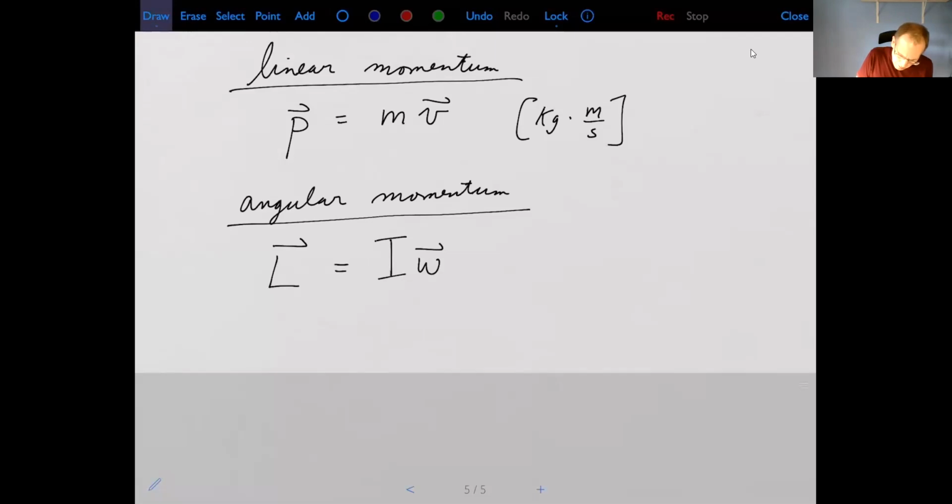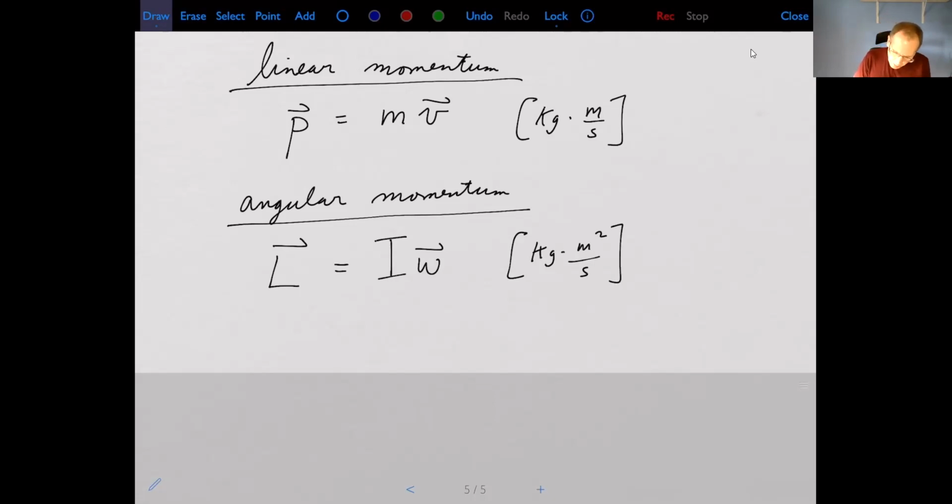And it has units of, actually it'll be kilograms times, let's see, I guess it'll be meters squared per second. Okay, now we talked about conservation of linear momentum in the first semester.